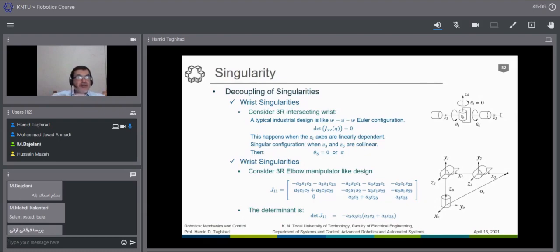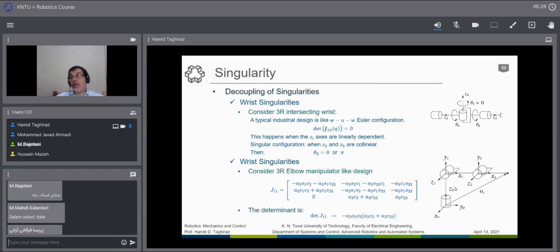And this is very similar to fully extended or fully retracted. There we have sine of theta 2 equal to 0, that is theta 2 is equal to 0 or pi. Here we have theta 5 equal to 0 or pi. Without defining the Jacobian or deriving it, we can just find the singular configuration by inspection and by the meaning of the screw axes here.